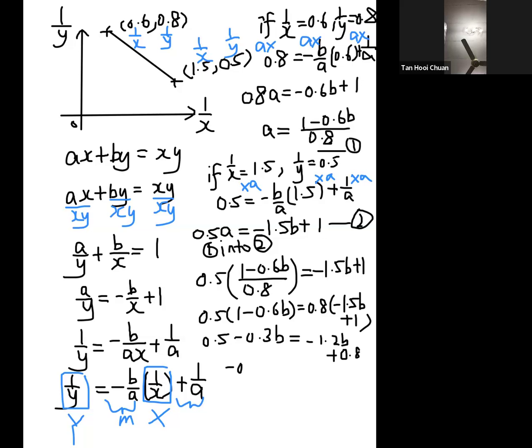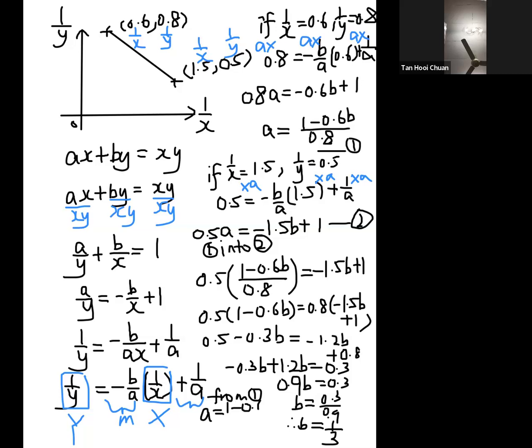So this one plus 1.2b, here 0.3, here 0.9. So b is 1/3. How about a? From 1, you no space, you see. a is 1 minus 0.6 times 1/3 divided by 0.8. a is 1. So a is 1, b is 1/3.